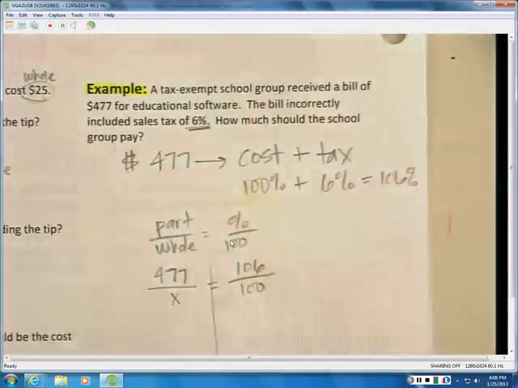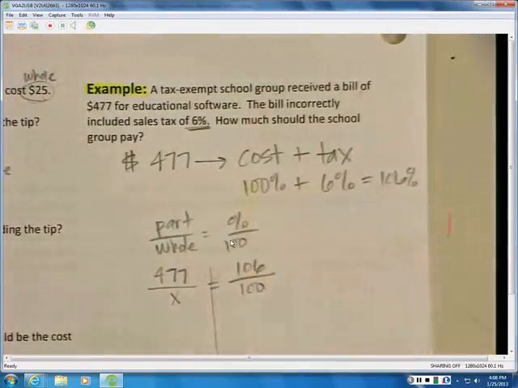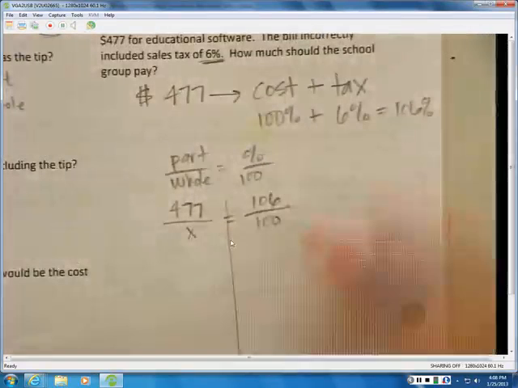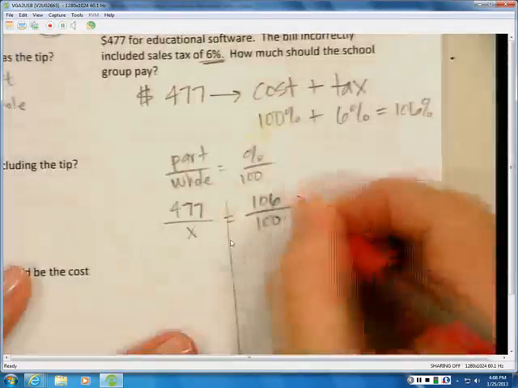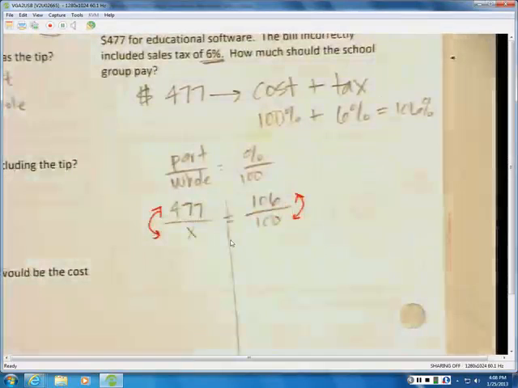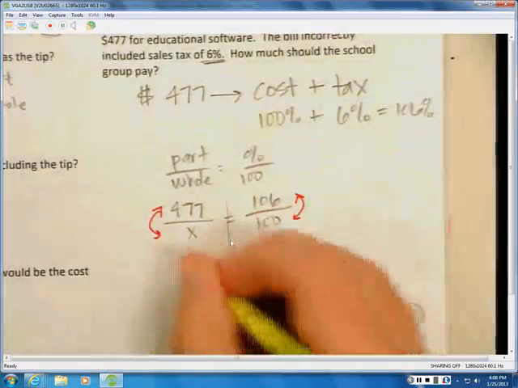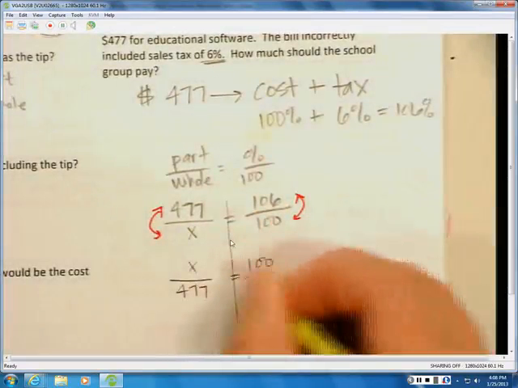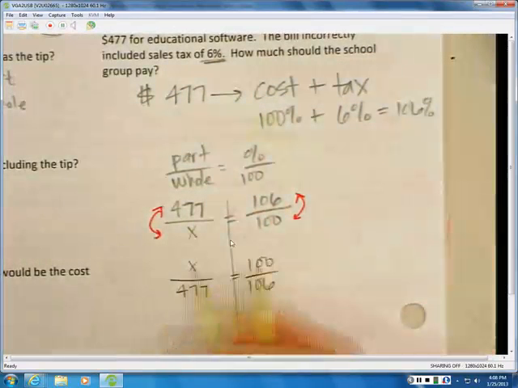This one's a little bit tricky, but if we're solving proportions, remember you can do anything you want to an equation as long as you do it to both sides. So I'm going to take the reciprocal of both sides of this equation, and rewrite it so that this x is in the numerator. Remember, the x corresponds to 100% of the bill.